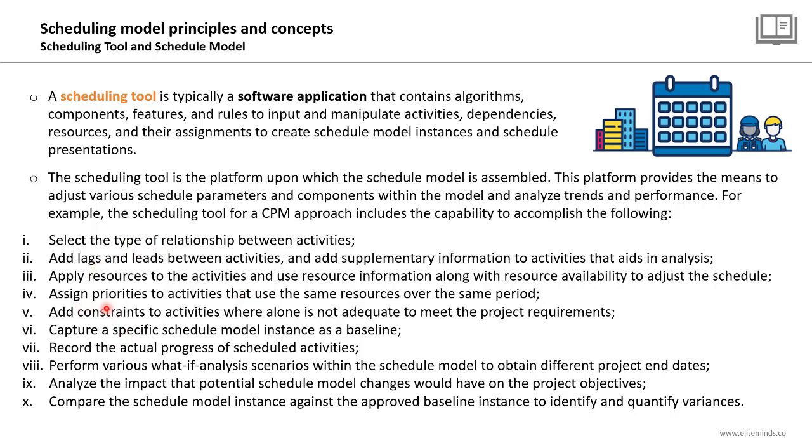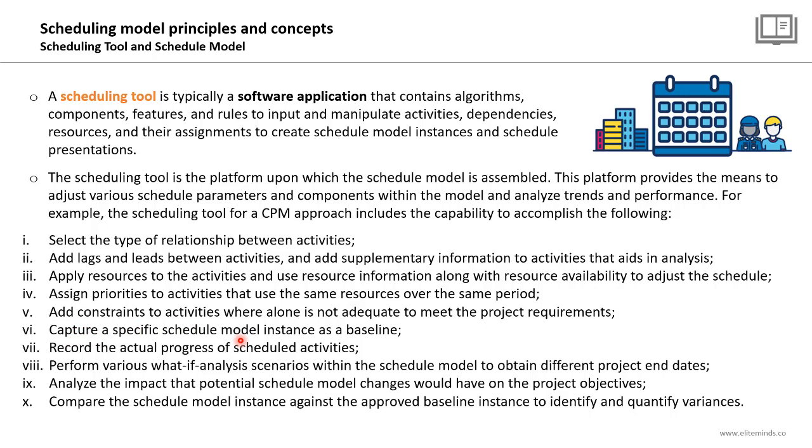Also, you will be able to assign priorities to activities that use the same resources over the same period of time. You will be able to add constraints to the project activities where logic alone is not adequate to meet the project requirements. You will be able to capture a specific schedule model instance as a baseline.